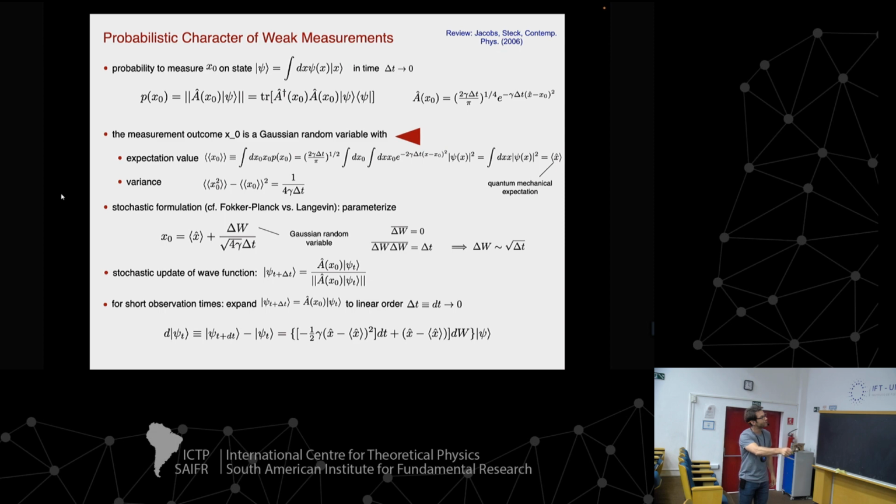Really what you do, you just expand this, so dt, you look at the small update, small dt, and you also account for the expectation value in the denominator. That's what makes an appearance of these expectation values here and there. And you take into account this explicit noise increment in this limit.